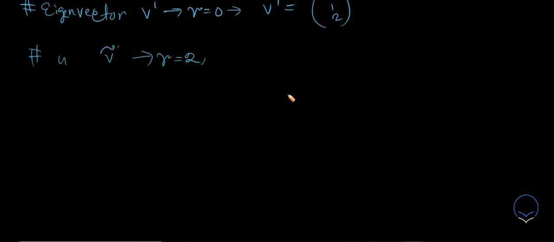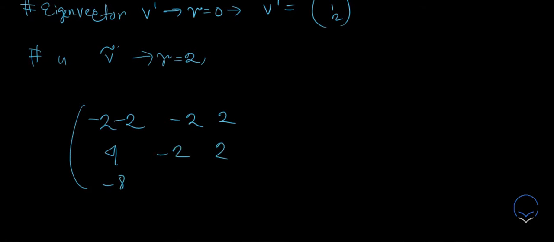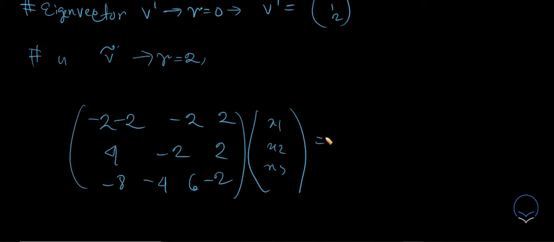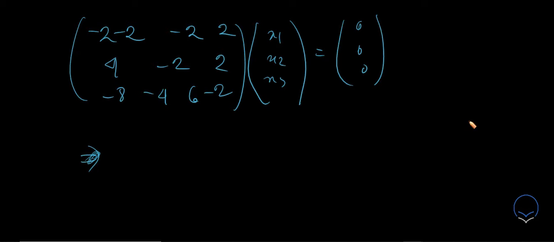So we have A minus 2I: minus 4, minus 2, 2, minus 4, minus 2, 2, minus 8, minus 4, 4, times x1, x2, x3, equals 0. If you calculate this out, you will see that all these 3 rows eventually give you the same equation.